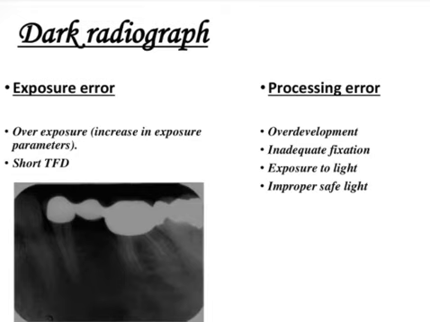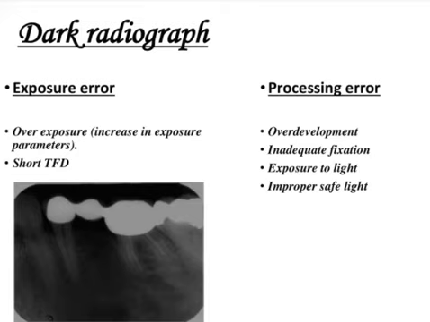That means the identification dot, the raised portion, is towards the X-ray source itself. But here the exposure factors are more and there is less distance between the target and the film. That means the cone is very close or maybe in contact with the skin. That time it can result in a dark radiograph.